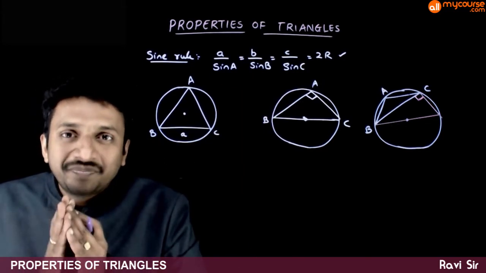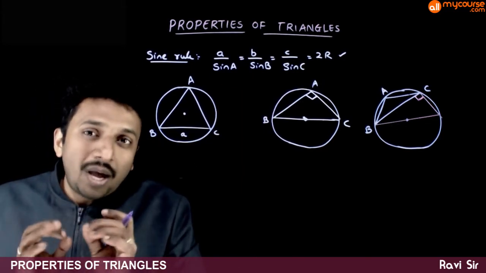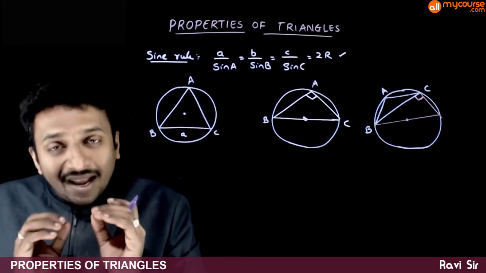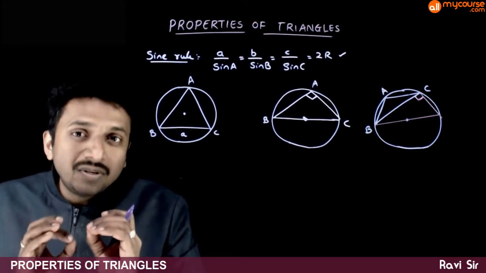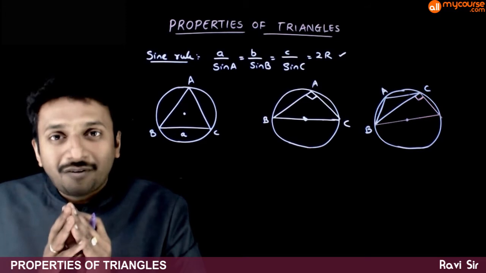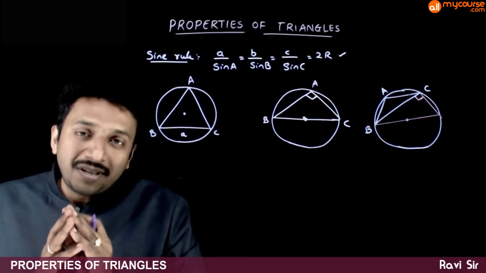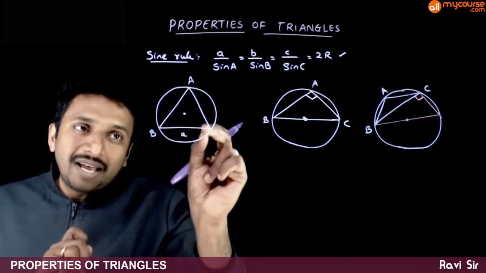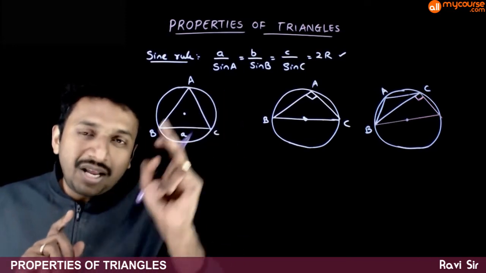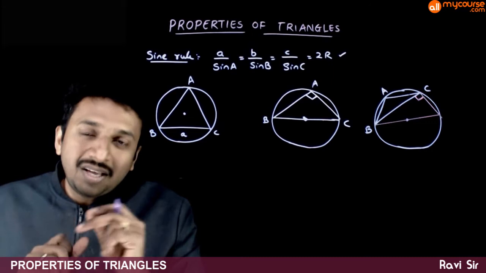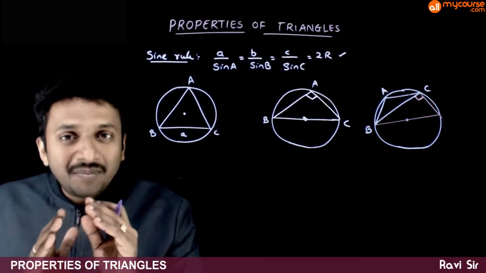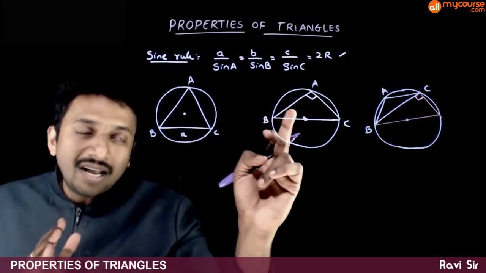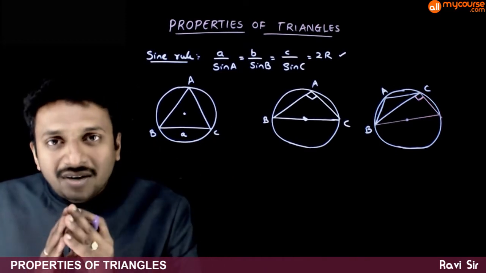This is the theorem. So let us see why this theorem works. And after that, let us see how this theorem can be used to solve problems. So first, let us take a triangle ABC. If you take any triangle ABC, there can be 3 cases. ABC can be an acute angle triangle, a right angle triangle, or an obtuse angle triangle.